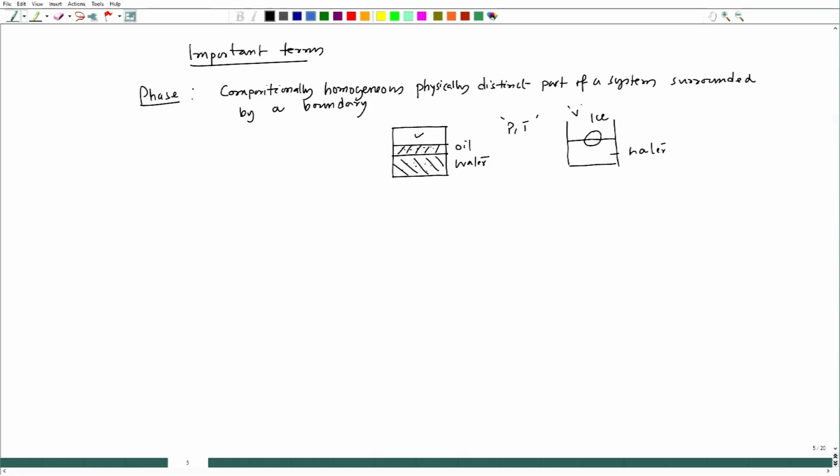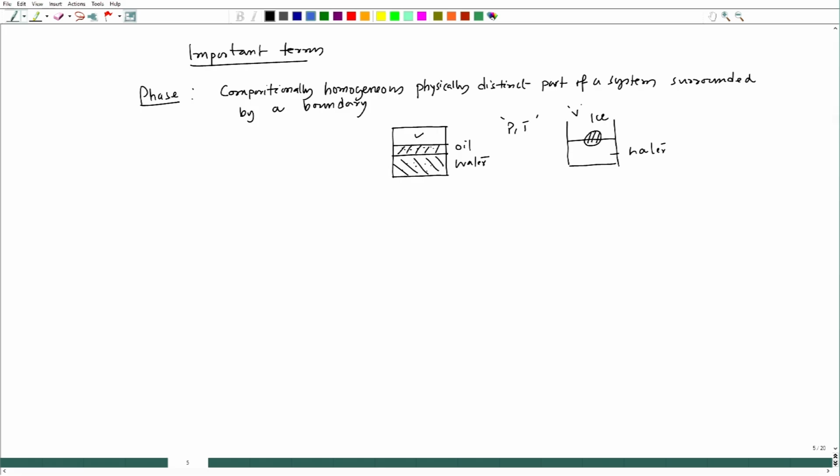So, you can see that everything is physically distinct, and the ice has a similar composition everywhere, and there is a boundary also. The ice boundary and water boundary are clearly visible. So, the ice can be considered a phase, and liquid water can be considered a phase. This is the concept of phase.